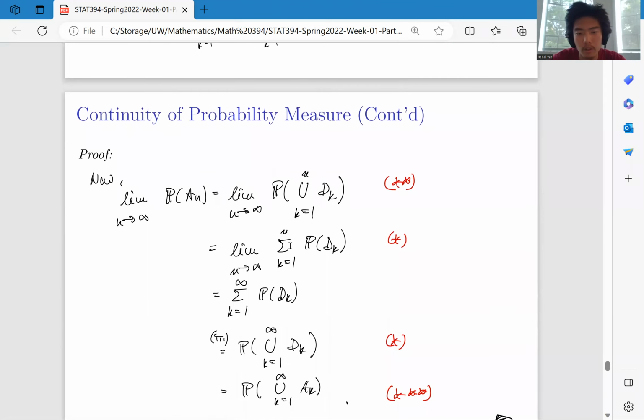This is also equal to the sum of all of the P(Dk), which is the previous process we just saw. And this is also equal to the sum of P(Dk) from 1 to infinity, because we can just replace n by infinity by moving the limit out.